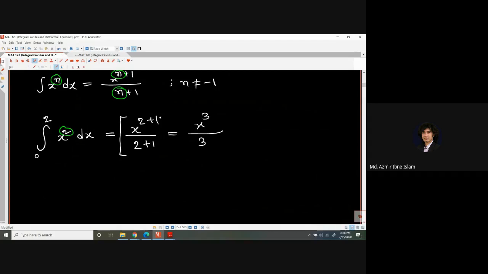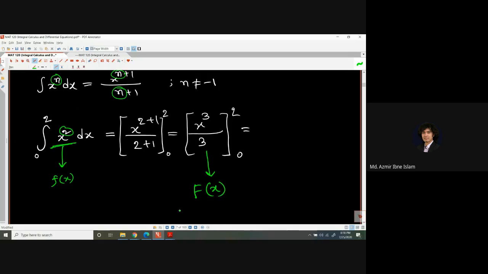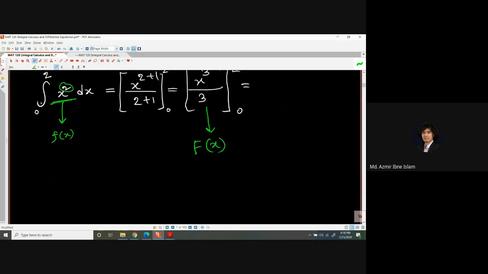That means we have the upper limit and lower limit. So what do we have to do? At first, figure out that the function we have here is small f(x). After solving this integral, whatever function we find is capital F(x).